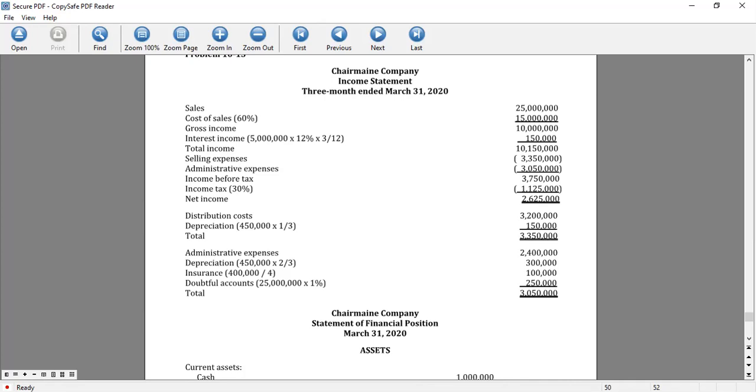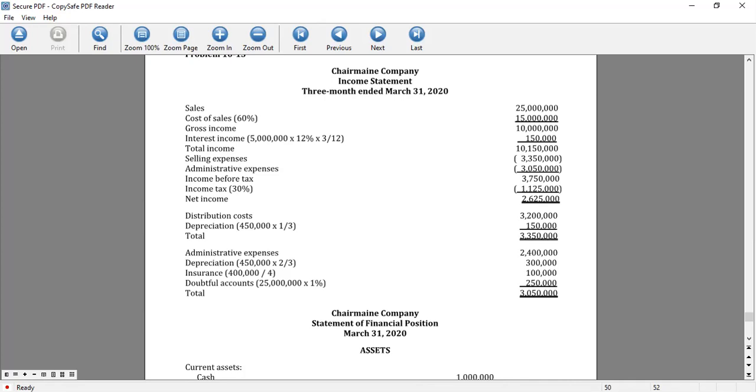Now for the administrative, we have 2.4 million, and then the depreciation of 450,000 multiplied by two-thirds, that will give 300,000. That's the remainder of 450,000 above. So minus 150,000, the remainder is for administrative expense of 300,000.